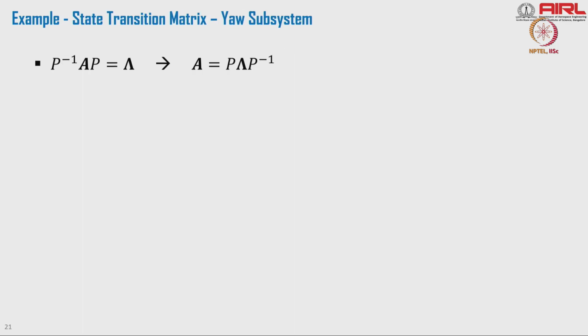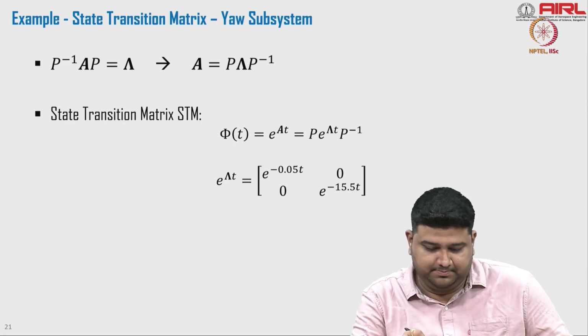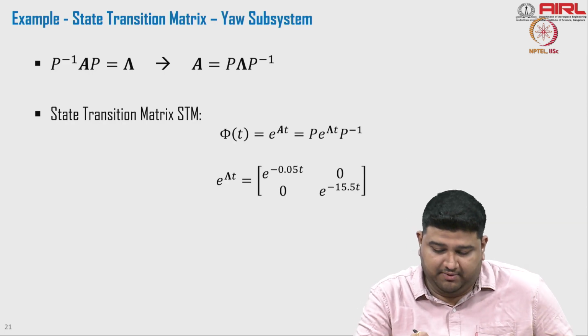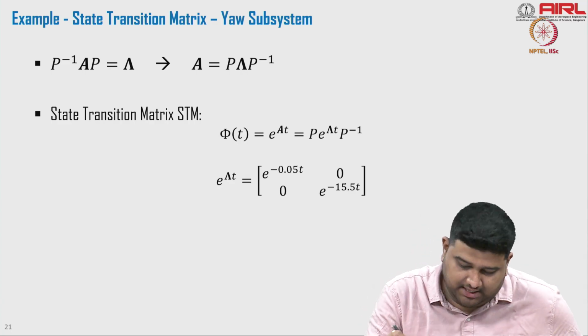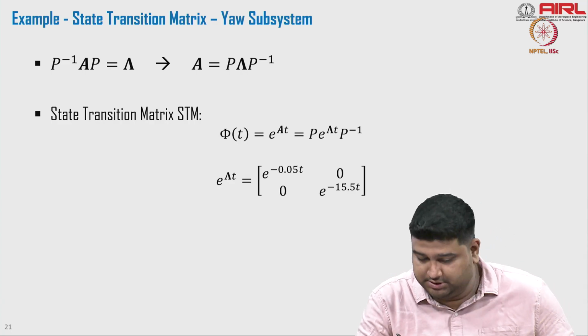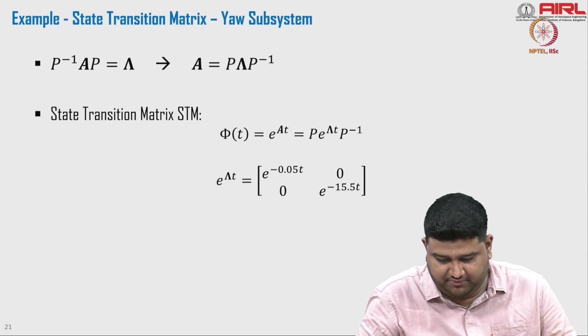So let's use this capital lambda that we found during the similarity transformation to get our state transition matrix. Now the state transition matrix, as we know, is defined by e power At, and as we had seen in the property already, it's nothing but P times e power lambda t times P inverse, and e power lambda t is given by a diagonal matrix which has the diagonal elements e power minus 0.05 t and e power minus 15.5 t.